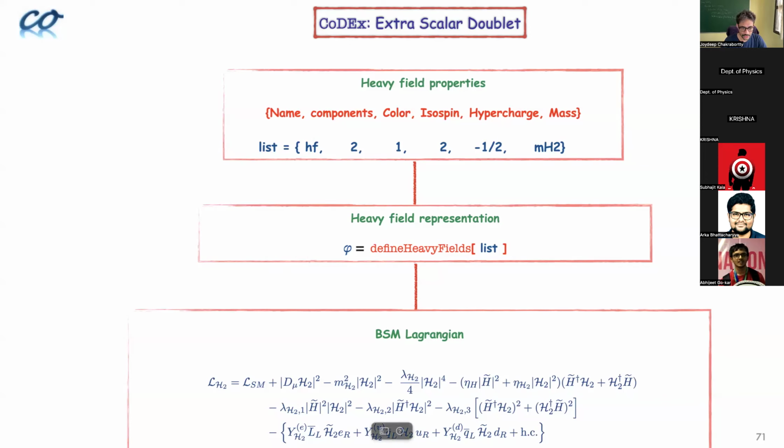And then we write down the BSM Lagrangian. We do not need to provide the standard model Lagrangian, only that part of the Lagrangian in the input file that involves your heavy field. If you make a mistake in providing this, you'll get a wrong answer, so you have to be very careful that you know the correct Lagrangian.